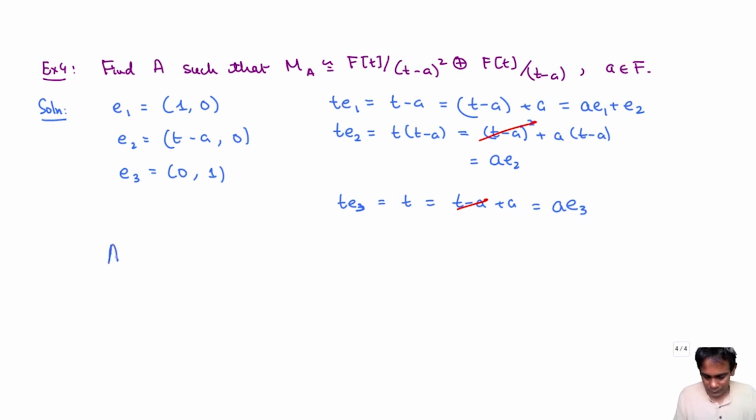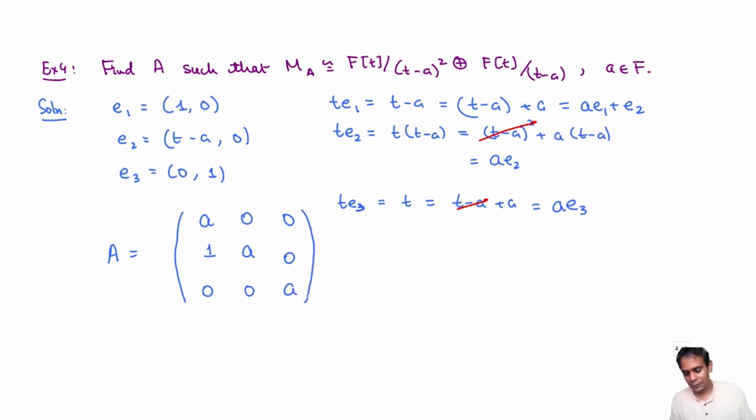So the matrix here is a 1 0, 0 a 0, 0 0 a. So this is a matrix in Jordan canonical form with two blocks, one of size 2 and one of size 1. Both blocks have eigenvalue a.